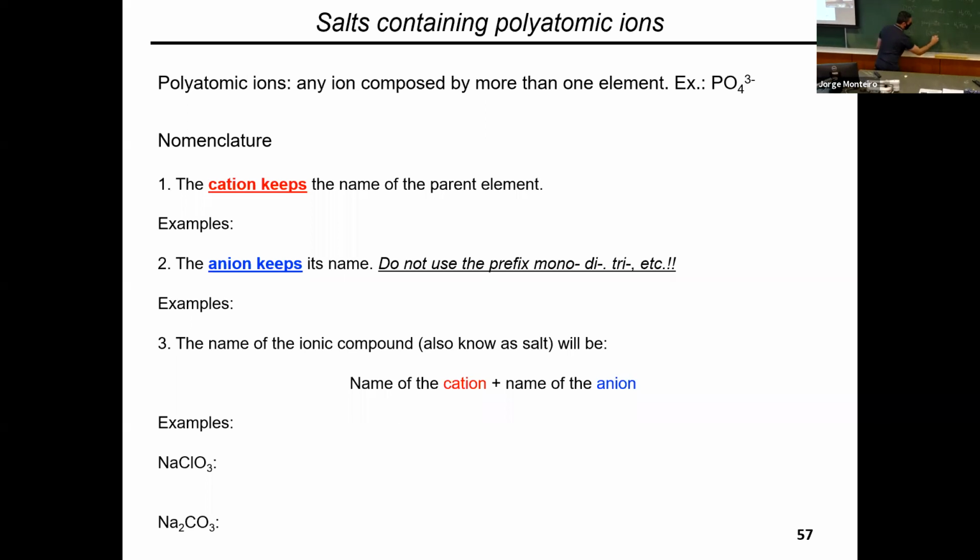The name of this anion is chlorate. This negative part will attract a positive part to balance the charges, in this case sodium. We are going to cross charges here, one you don't need to represent, and this will form the compound NaClO3.